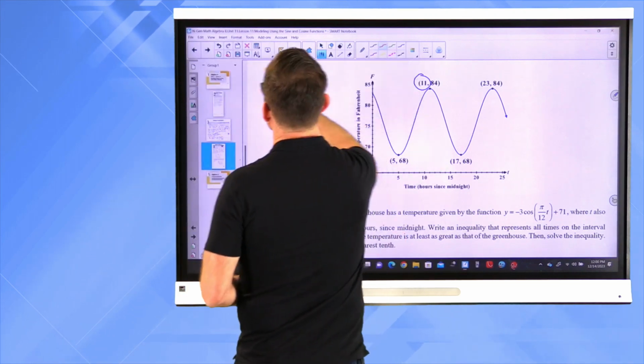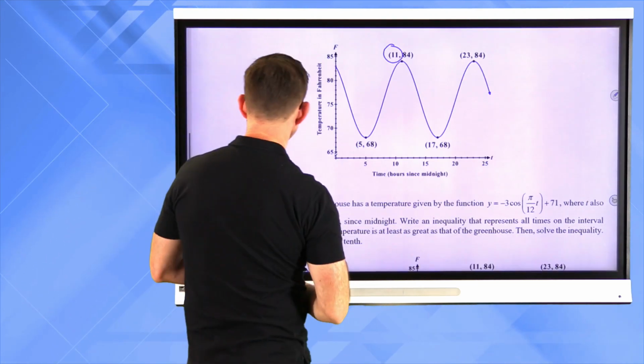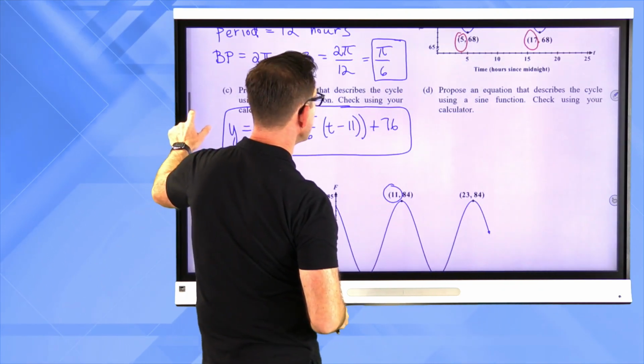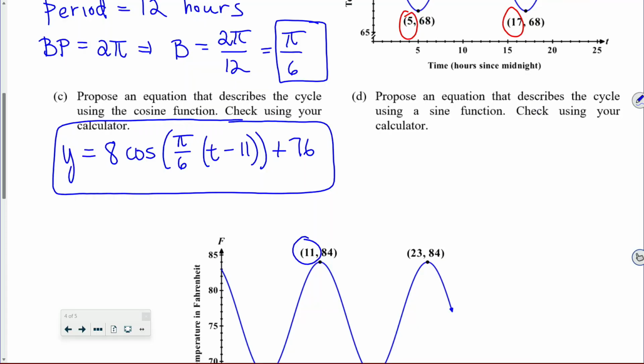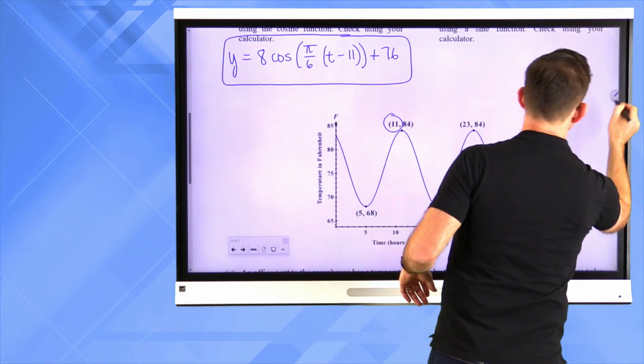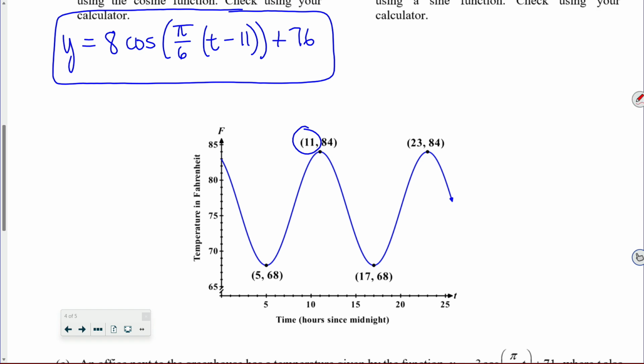Okay, now let's go back into my full screen and let's talk about letter D. Propose an equation that describes the cycle using a sine function. Check using your calculator. All right, now I always find for myself that the sine function is a little bit harder to model with, which is a bit ironic given the cosine function is sort of based off of the sine function.